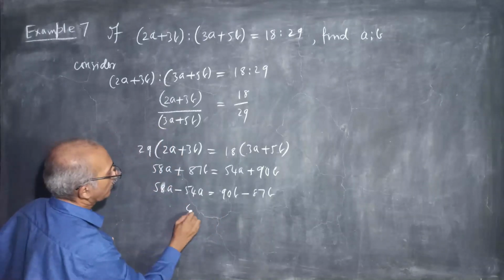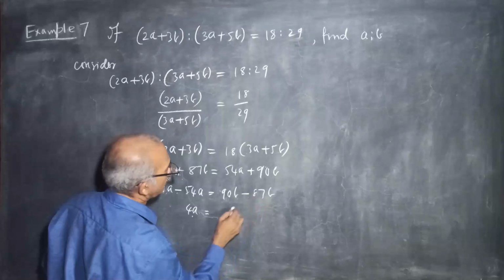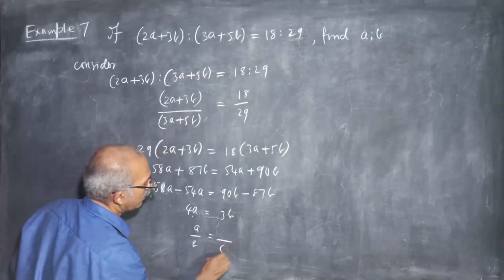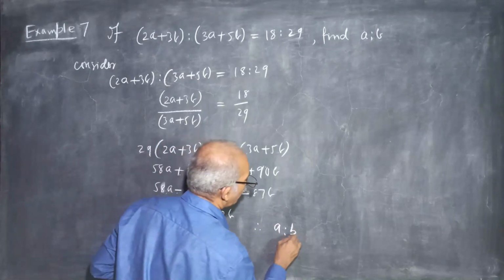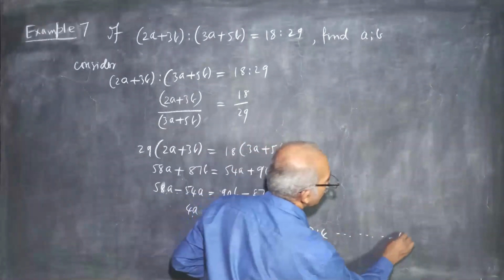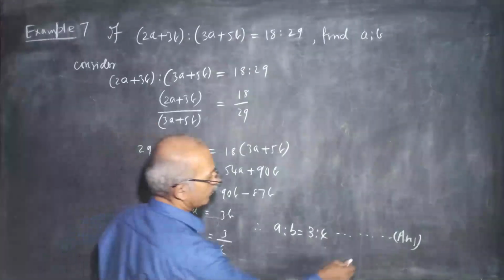So 58 minus 54a is 4a. 90b minus 87b is 3b. So here a by b is 3:4. Therefore a is to b is equal to 3:4. This is your answer.